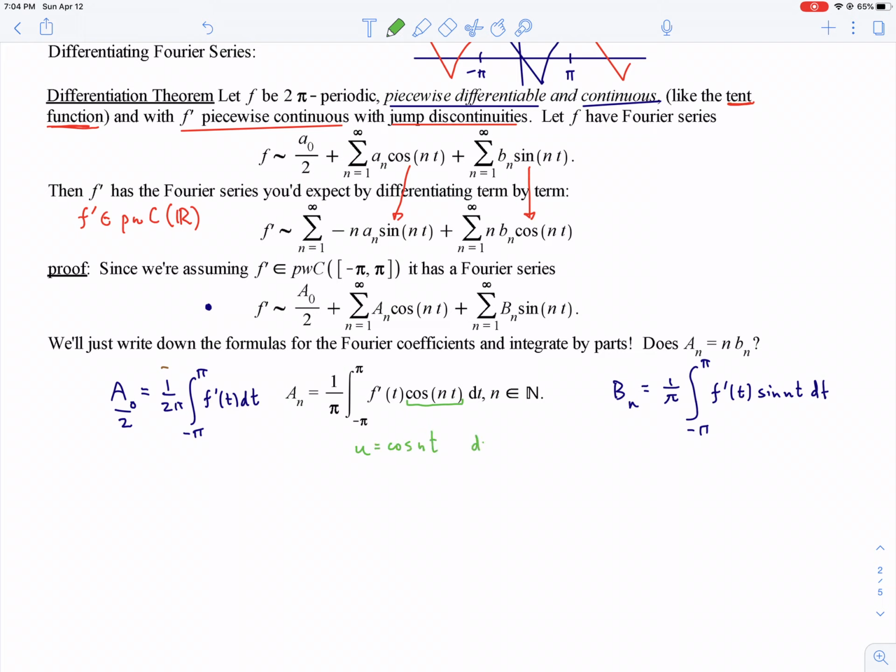My dv will be f prime of t dt. So du is minus n sine nt dt, and v is just f of t.